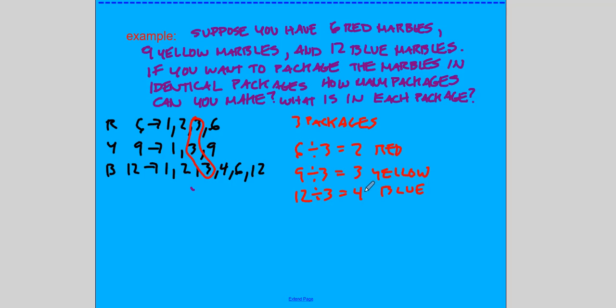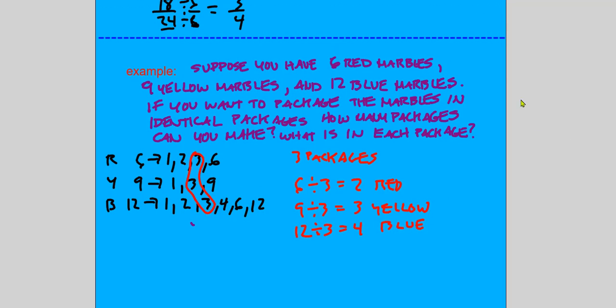Notice I have a total of 27 marbles, since 6 plus 9 plus 12 makes 27. Each package is going to have 9 marbles in it. So a package is going to have 2 red, 3 yellow, and 4 blue.